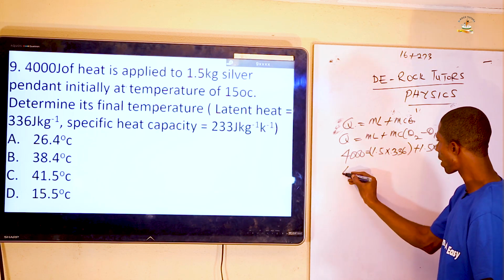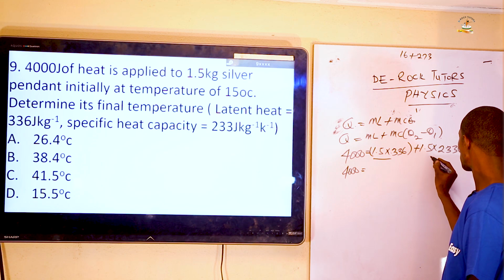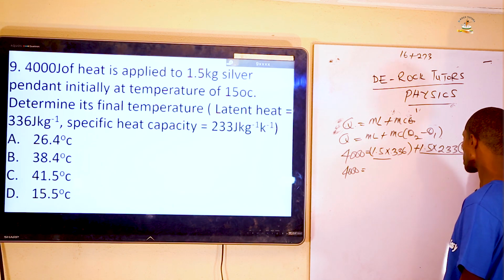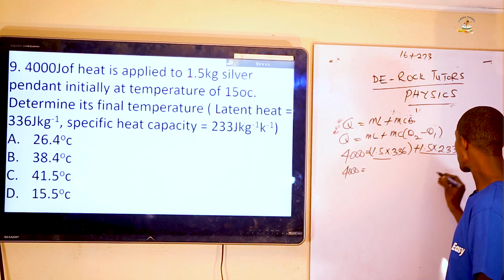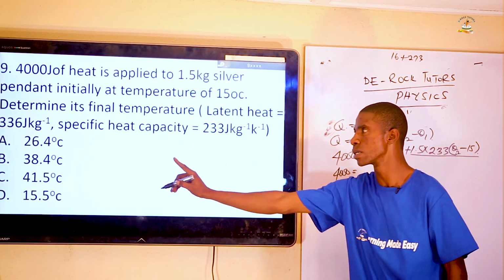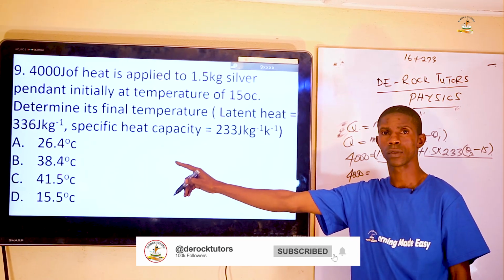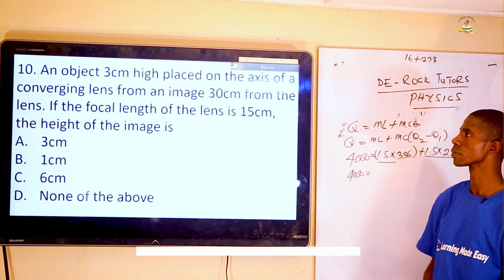So if I open this out, multiply through with the bracket, and make theta 2 the subject of the formula, you eventually arrive at 26.4. So can we go to the next question?